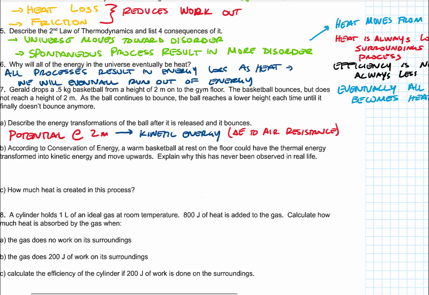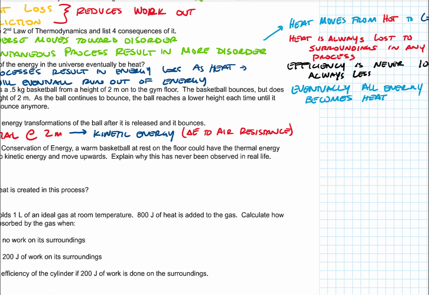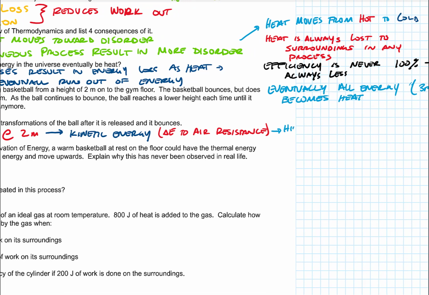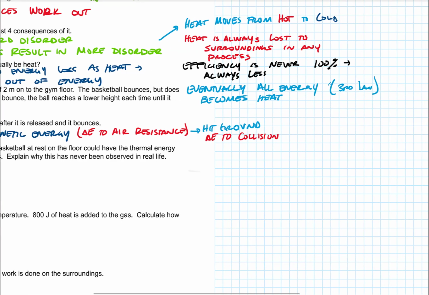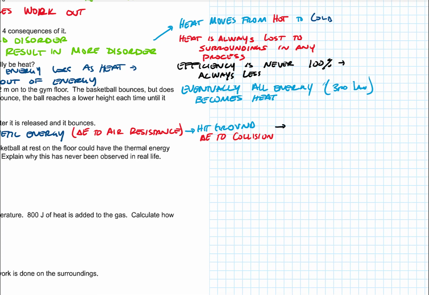Then we continue with this transformation. We hit the ground. And in the ground, we have a lot of energy lost to the collision as heat. And then after that collision with the ground, the energy turns back into kinetic energy.